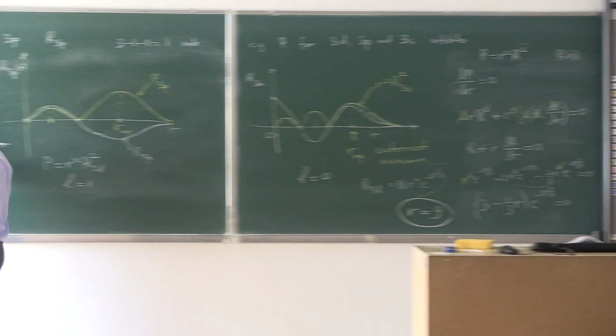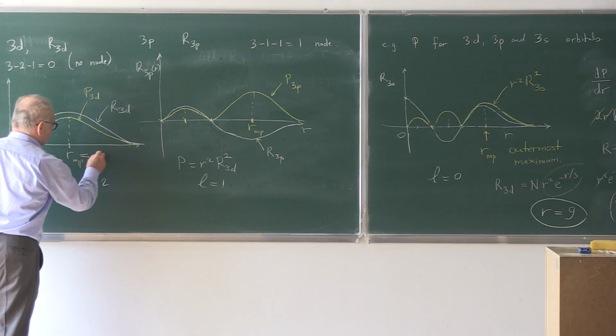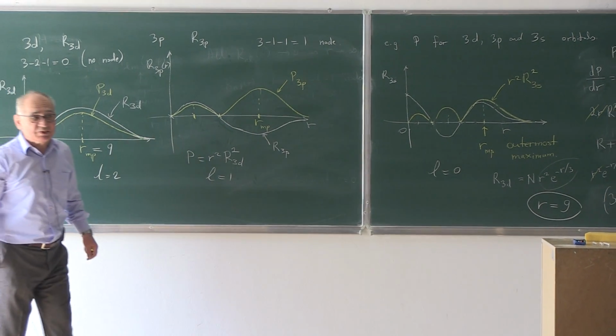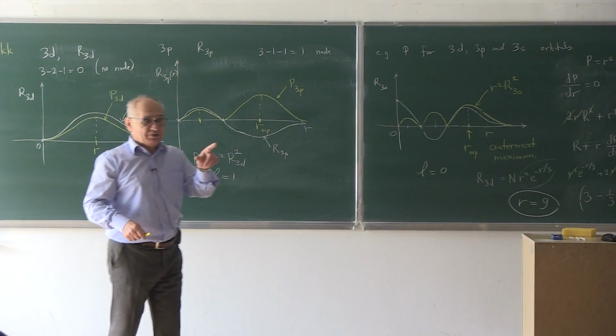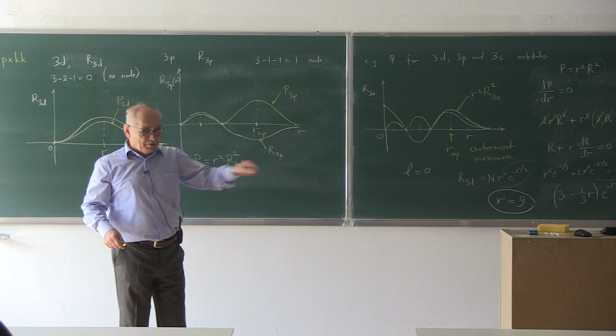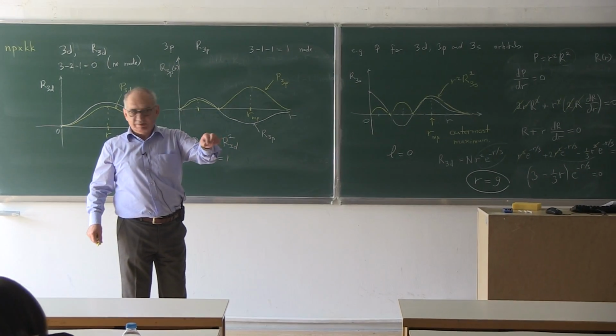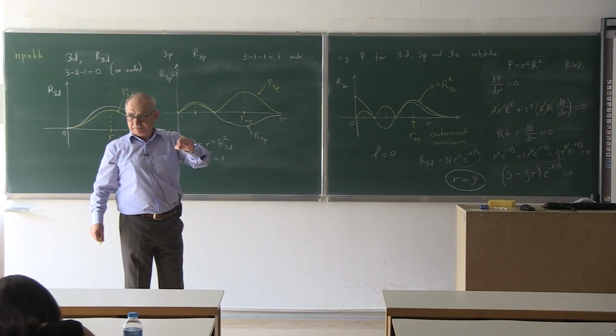So this value here, what was our unit of distance? Bohr radius. So 9 means 9 times Bohr radius, a0.